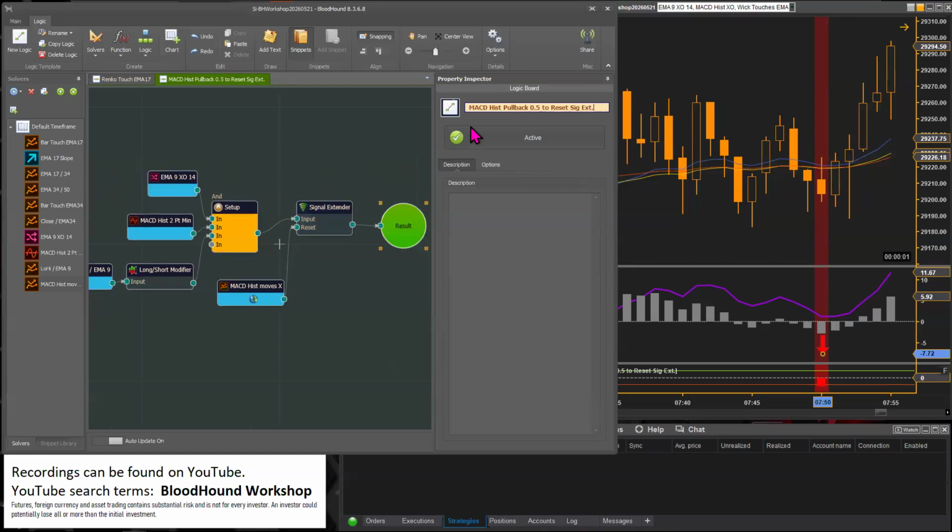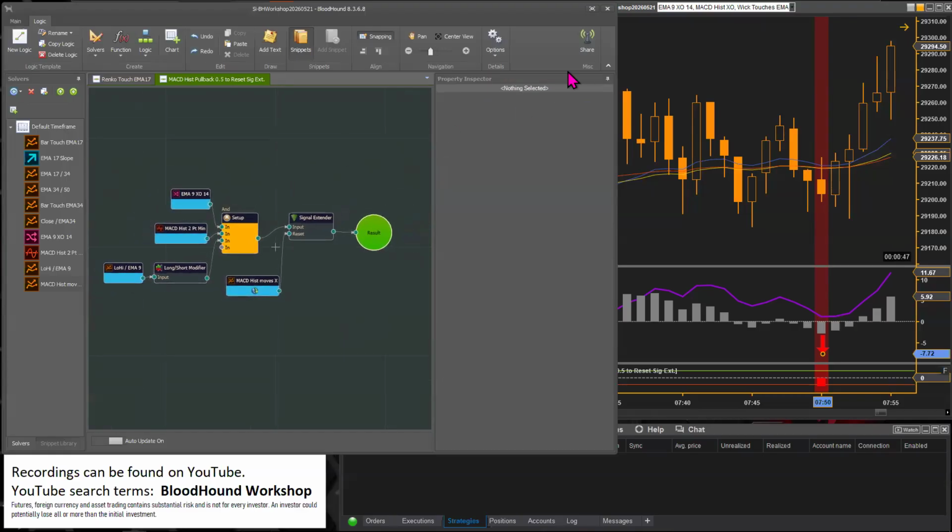What this example is all about is when the MACD histogram has a pullback of 0.5, and then we're using that to reset the signal extender.